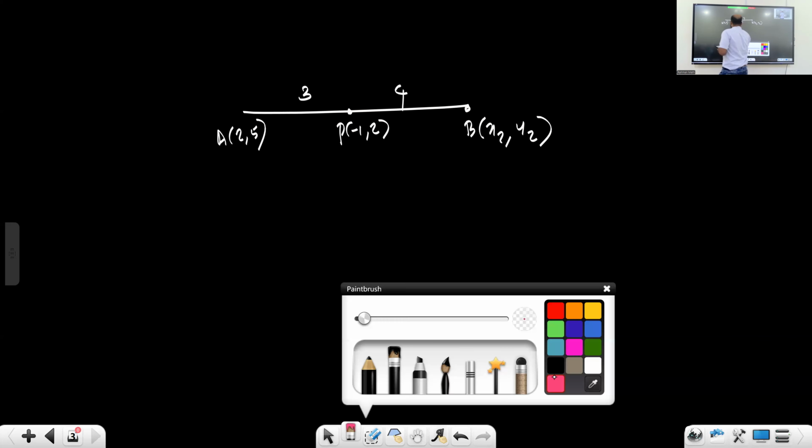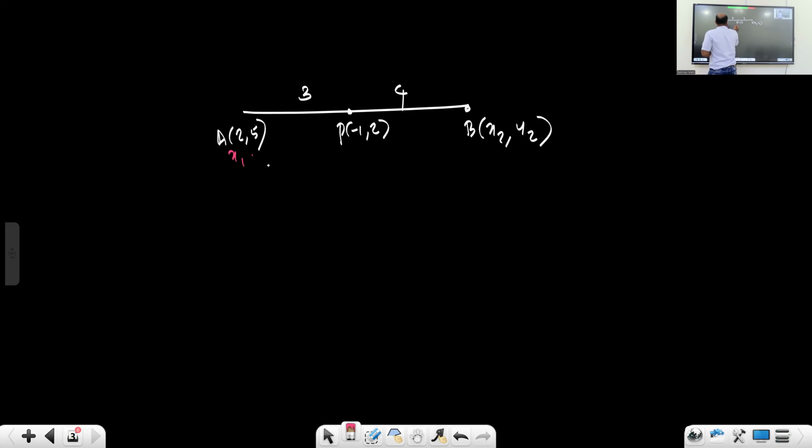This is your x1, y1, this is your xy, and x2, y2 we want to find, and this is m1 and m2. Read the question. The point of division is already given. Any doubt about the diagram, let me know. It's a good question. There is an extreme point we want to find.